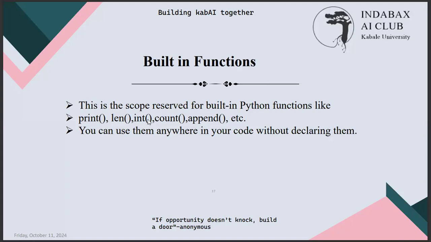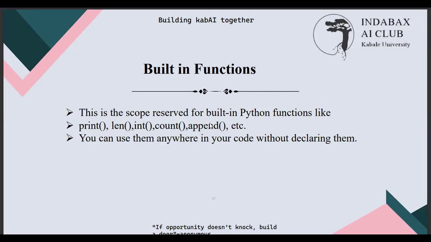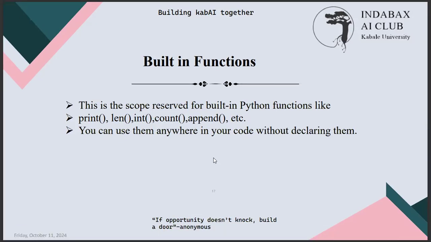Then int, this one is for casting, converting something from maybe string to integer. There is a code behind that function that enables you to do exactly what you do with it. Then the count, we used it with the tuples, and append, used in lists. There is a code behind it.